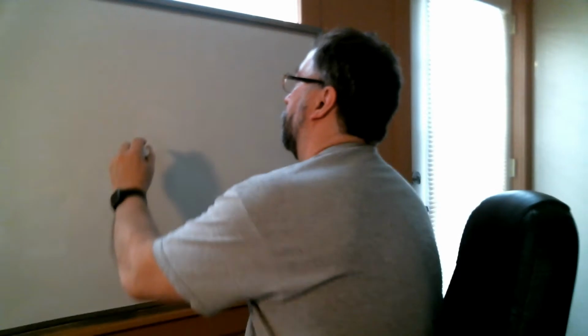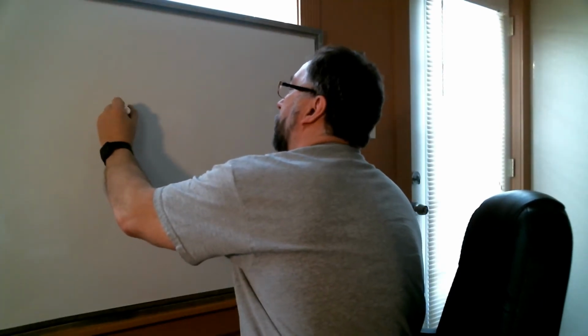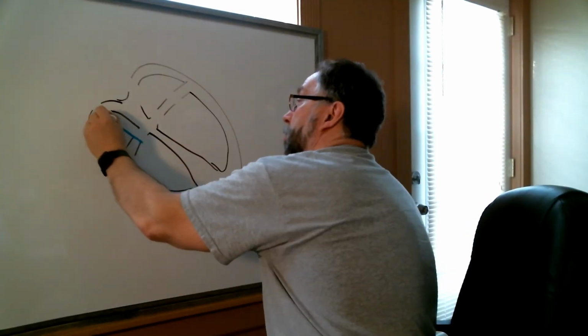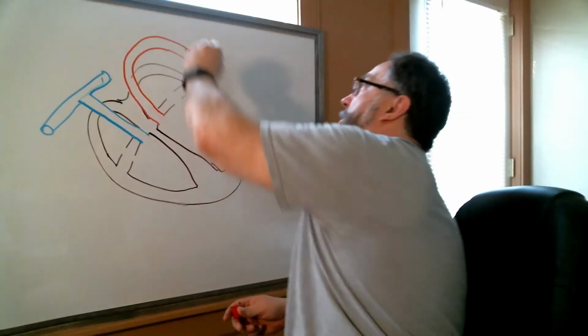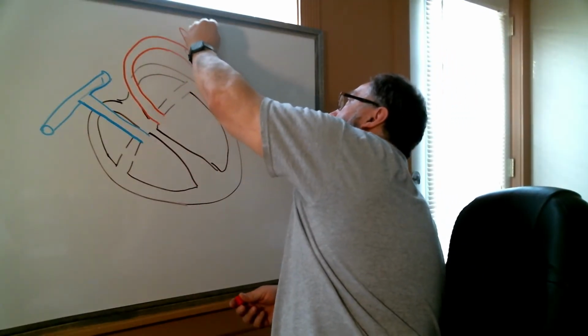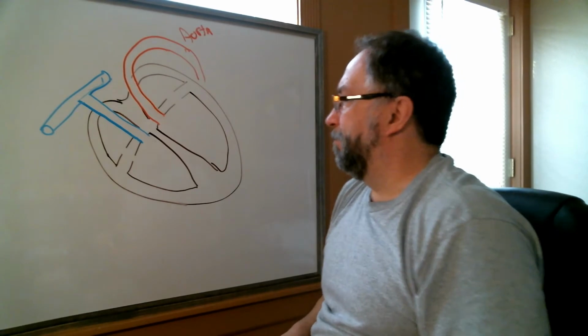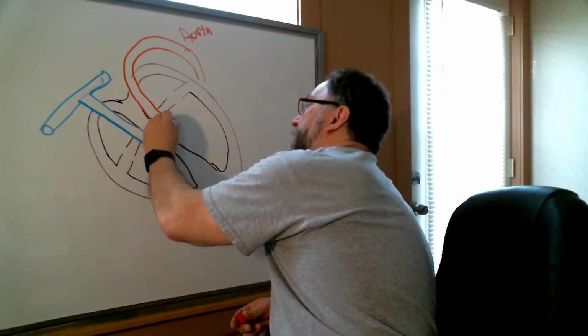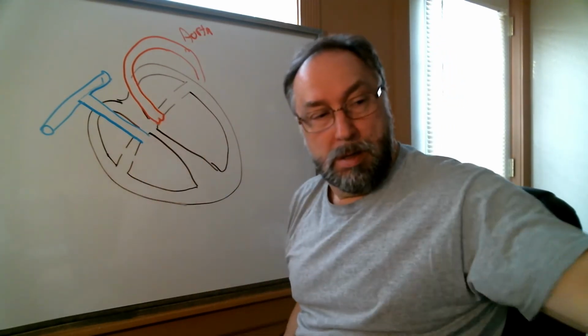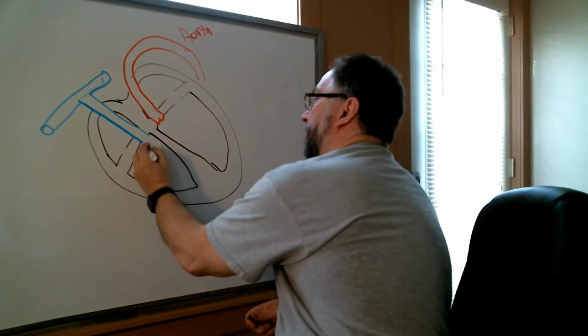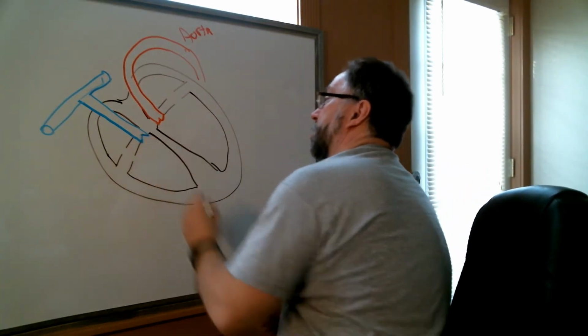Okay, now let's start talking about ventricular septal defects. Again, you get the picture of the heart here. So aorta, your aortic valve right here, your pulmonic valve right here, right?